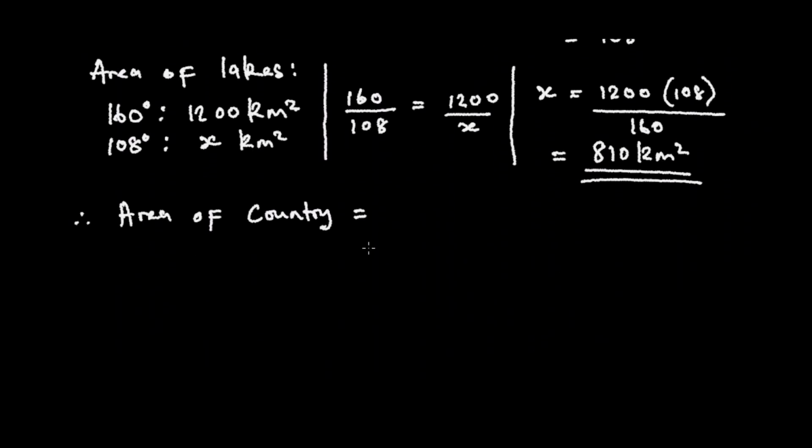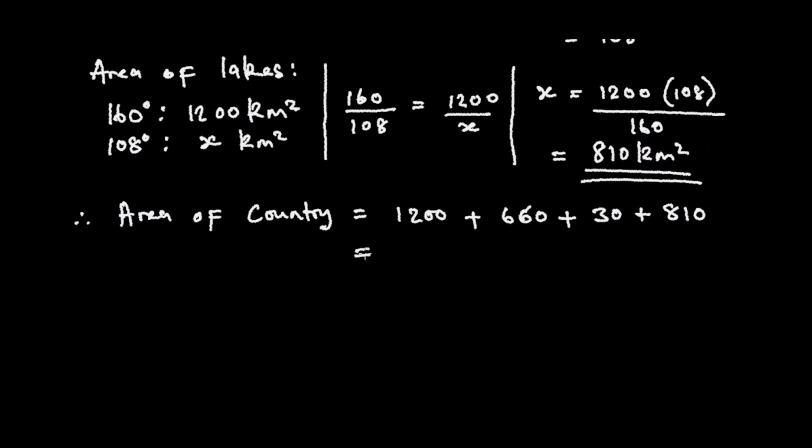Saka area of country inenge iri equal to 1200, which is the area of farmland. We are adding to the area of woodland yata calculator to be 660. We are adding to the area of urban, which we are given as 30, then area of lakes, which is 810.